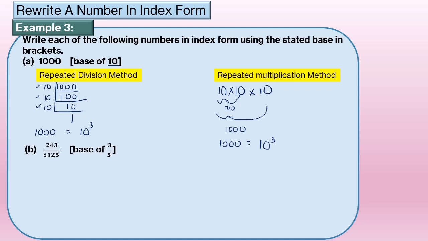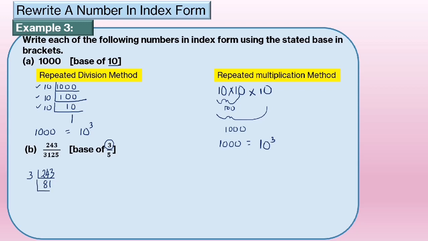Okay, we look at b here. If we use the repeated division method, we start with 243. So 243 divided by 3. Why divided by 3? Because the base above here is number 3. So 243 divided by 3, you will obtain 81.